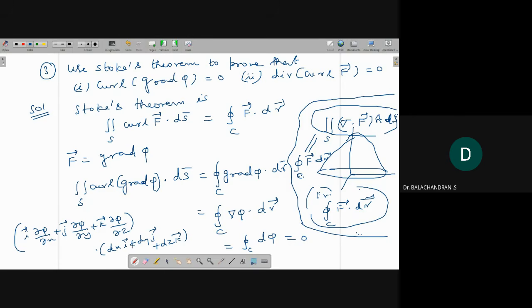If you take the dot product, you get dou phi by dou x into dx, dou phi by dou y into dy, dou phi by dou z into dz. So that is nothing but d phi, a total derivative. We already discussed this part in vector differentiation, so I wrote it immediately here.